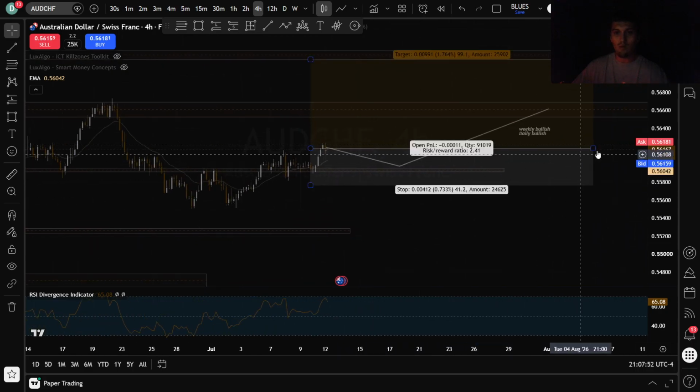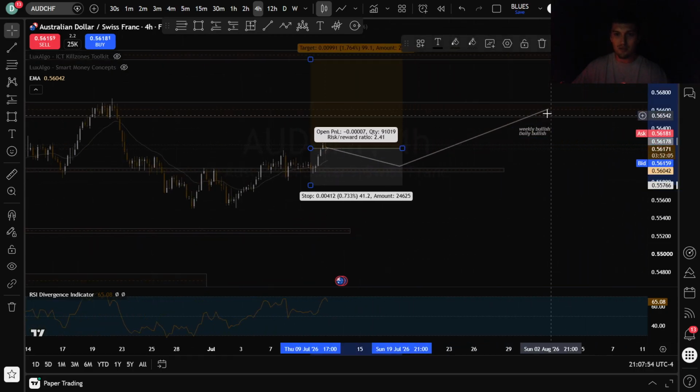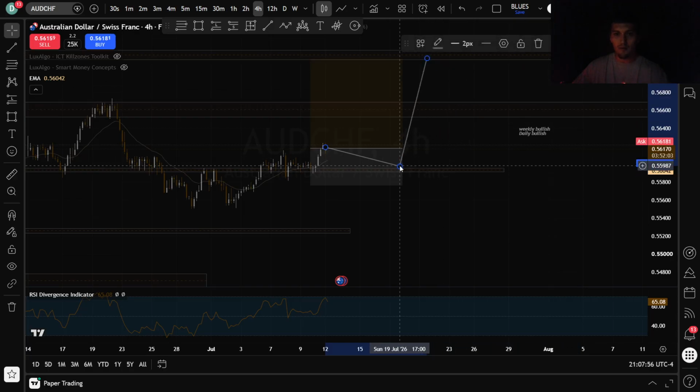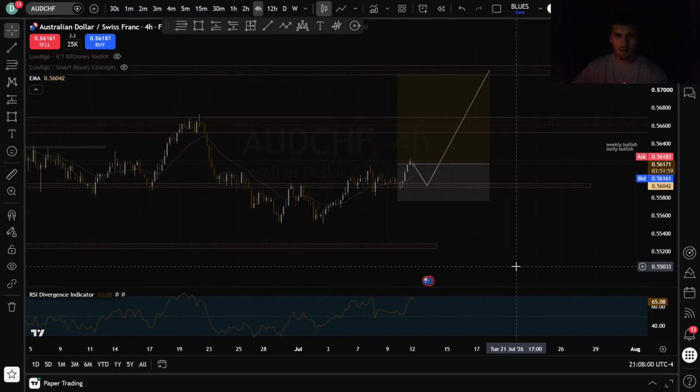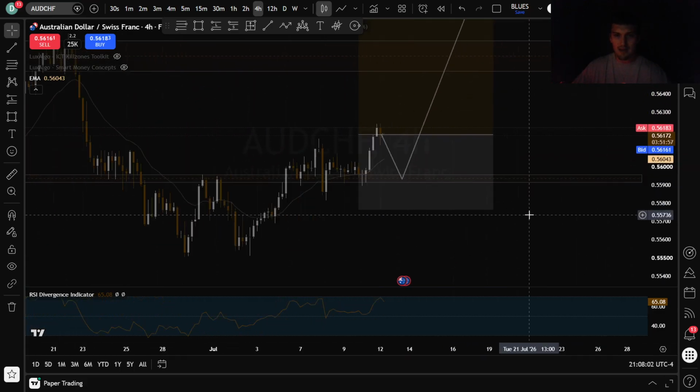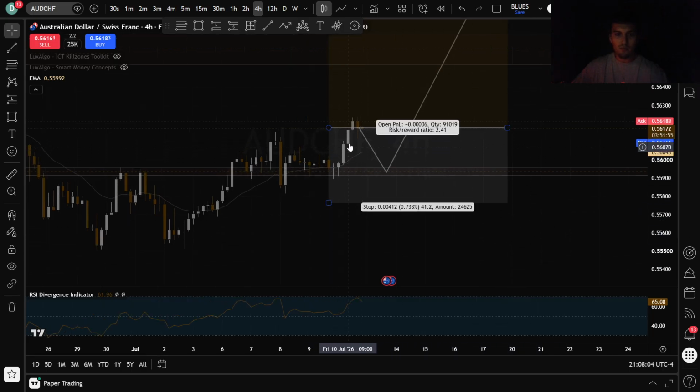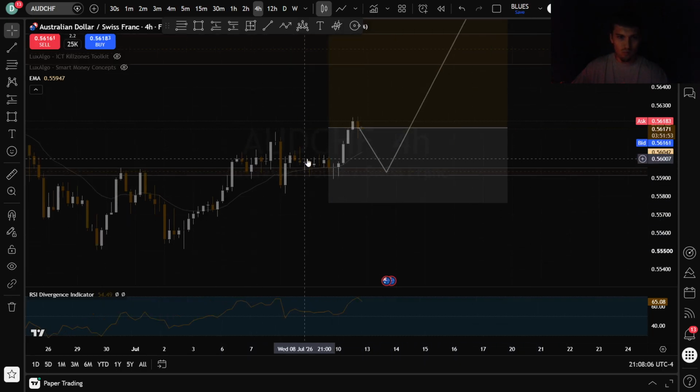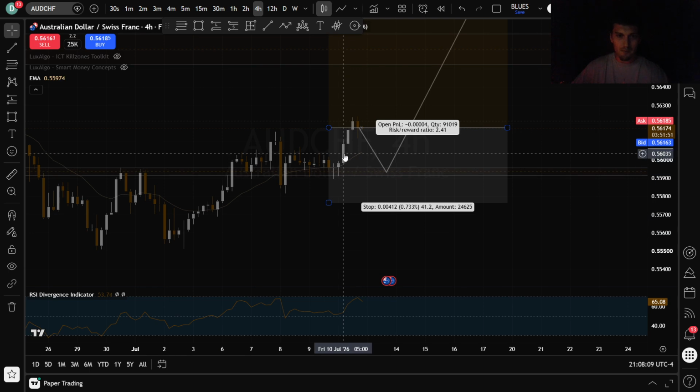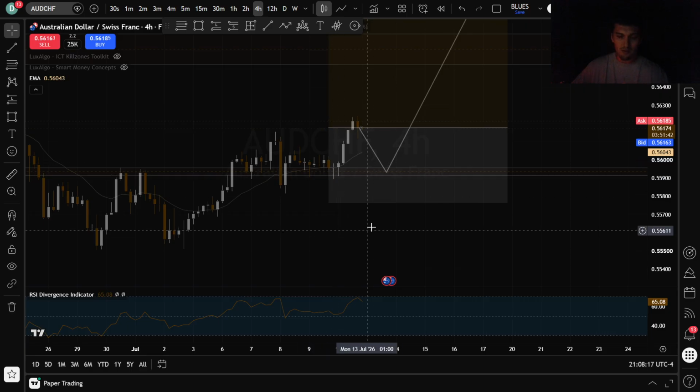So let's see what we would have to see to have an entry on this trade here. Price action is telling us that we had 1, 2, 3 touches and a big engulfing candlestick right here, meaning that it's way above the last bearish or down close candle.